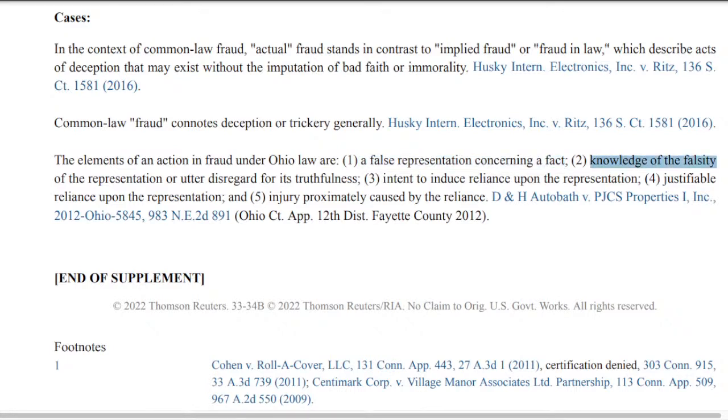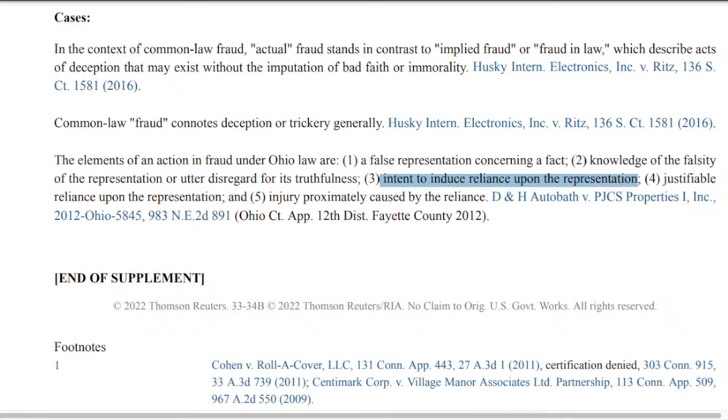Knowledge of the falsity of the representation or utter disregard for its truthfulness. So that's when there's knowledge of a falsity or the utter disregard for the truthfulness, and they just take it and run with it, even though they know it's false. Intent to induce reliance upon the representation.